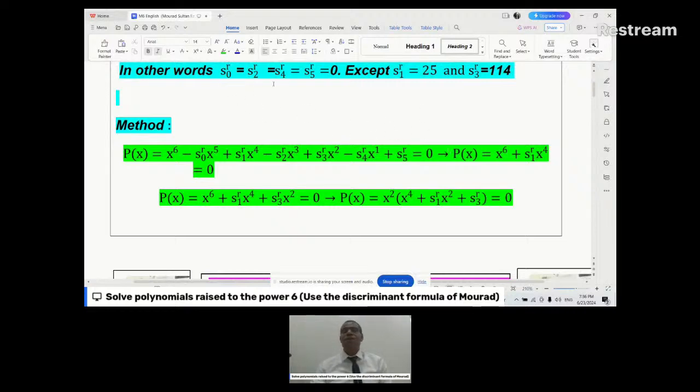We told that S0 equals 4, S1 equals 25, and S3 equals 114, and the other sums are zero.